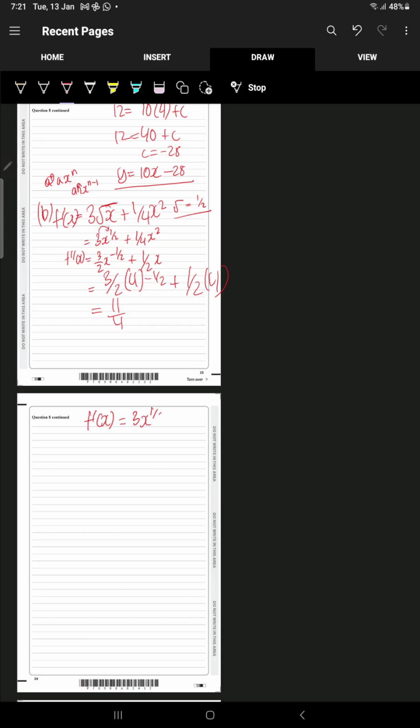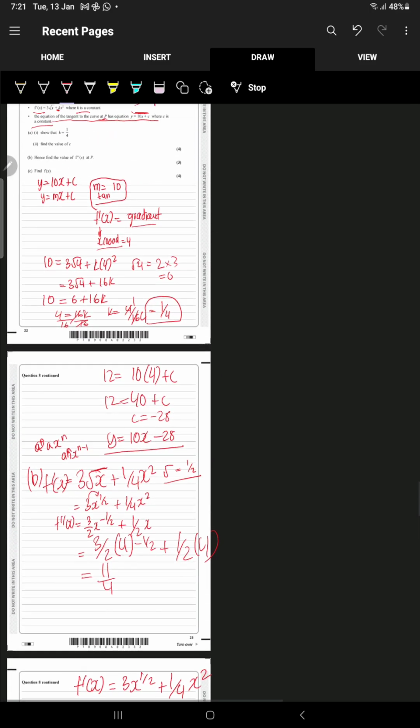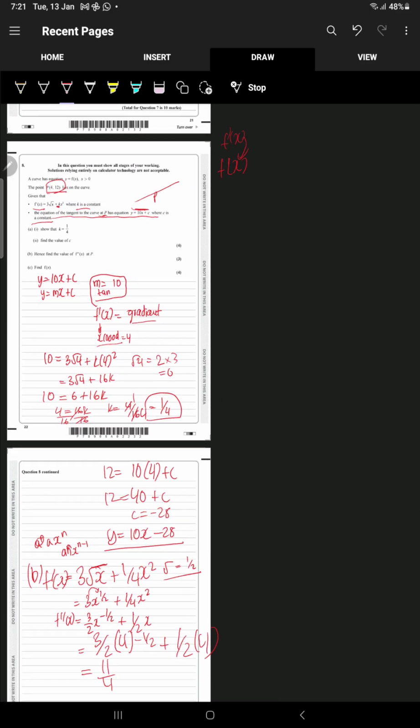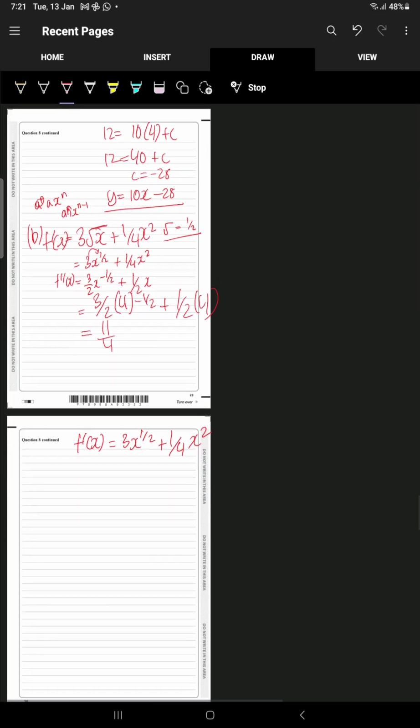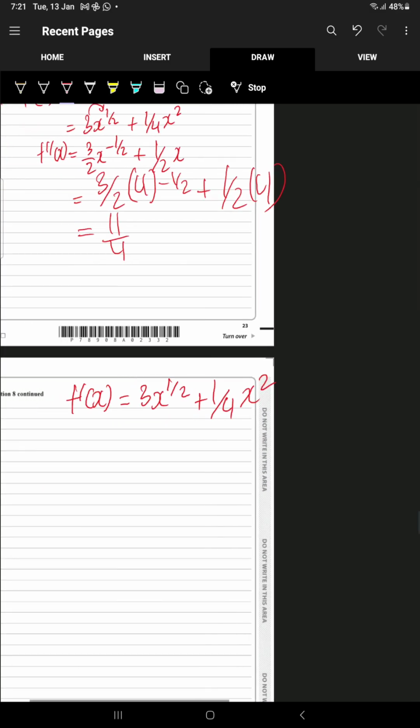Now to integrate, we basically add 1 to the power, and divide by the new power, which is the old power plus 1. Then you divide the coefficient by the new power.